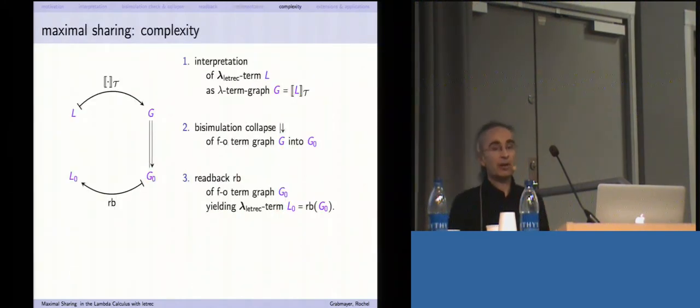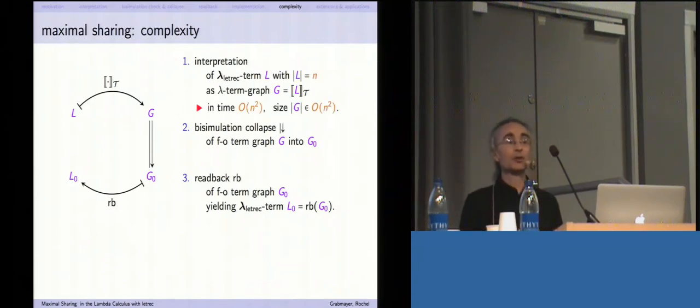What about complexity? Concerning the maximal sharing method, it consists of three parts, so we should have a look at the complexity of these parts. Interpretation turns out to be quadratic, both in the time that is necessary for it, and in the size of the graph that is produced.